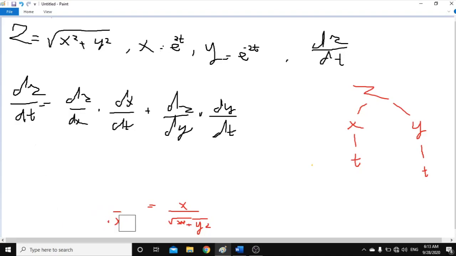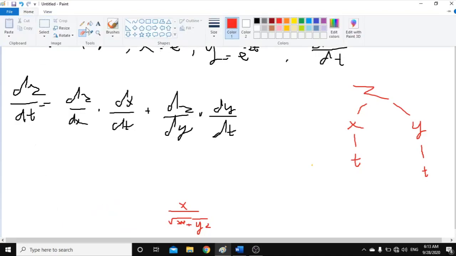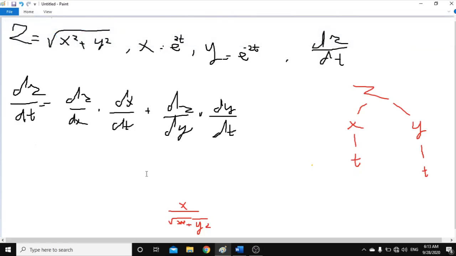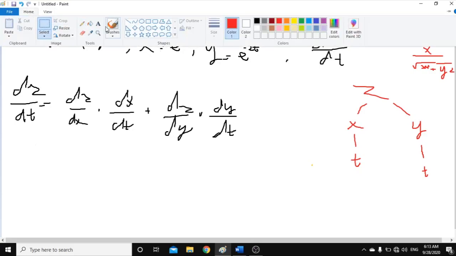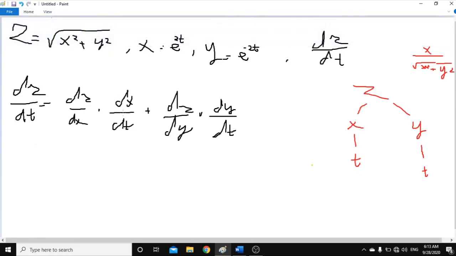So let's select this answer and put it right here. Let's find right now dx over dt. Starting with this equation, it said that x is equal to e to the 2t, so we need to find the derivative with respect to t.